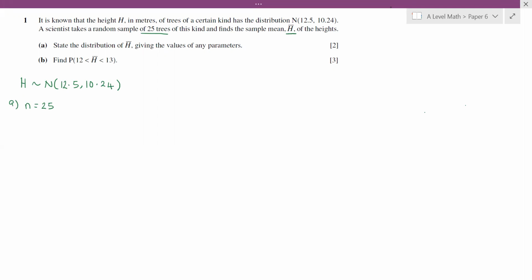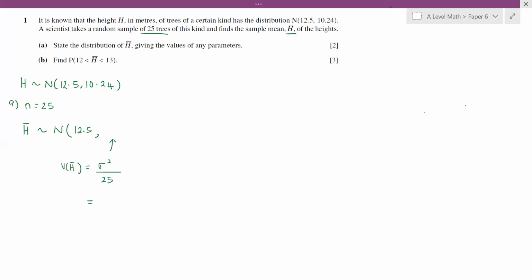We need to state the distribution of the sample mean. If n is 25, then the distribution of the sample mean is also a normal distribution. It takes the same mean value as the distribution of h, which is 12.5. The variance of h bar is the variance of h divided by n, the sample size, which is 25.